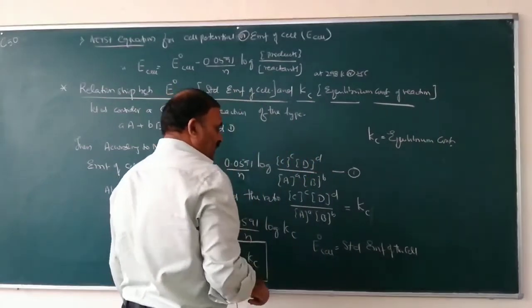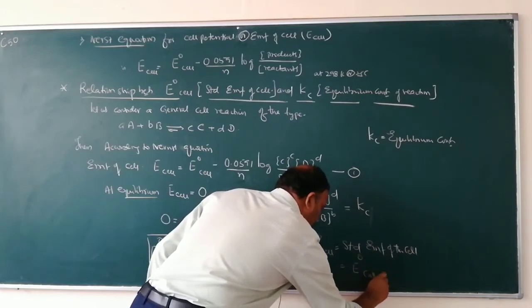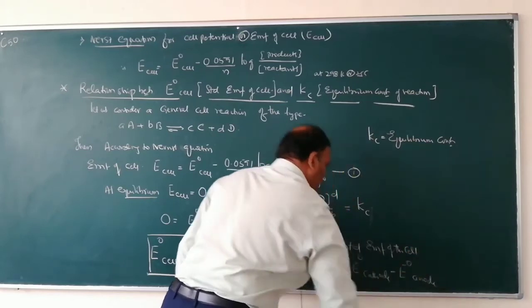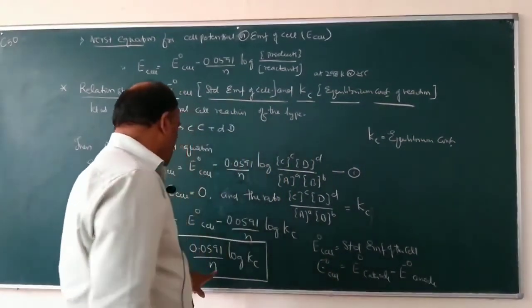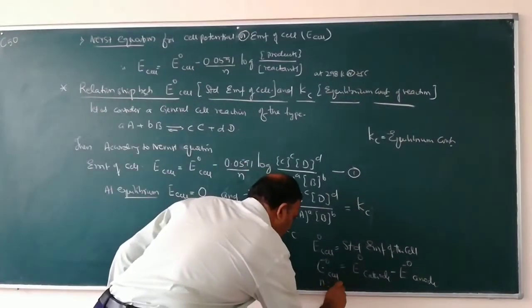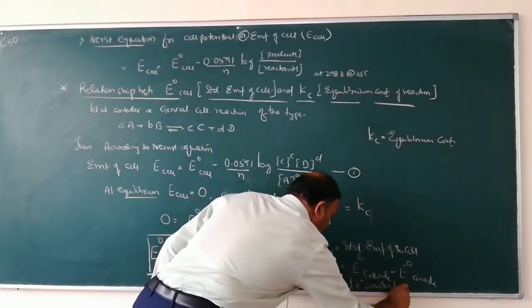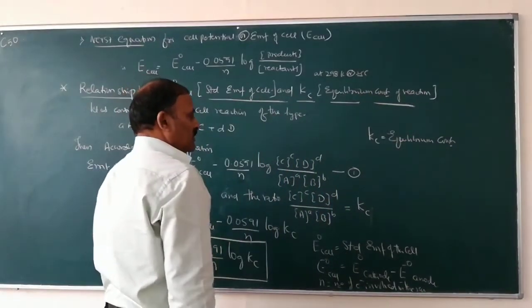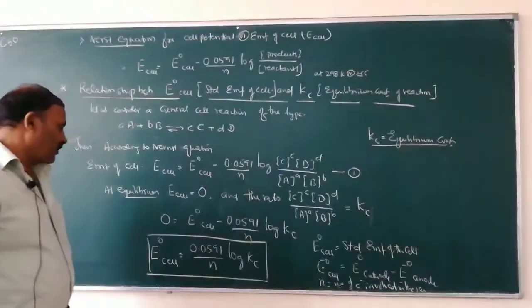How to determine the standard EMF of the cell? That equals E naught of cathode minus E naught of anode. You will get E naught of cell. n equals number of electrons involved in the reaction, and Kc equals equilibrium constant.